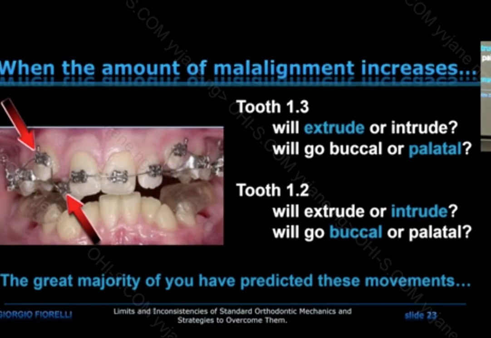Everyone is thinking the tooth 1-3 is going to extrude and go palatal, go in, while the lateral is going to intrude and go buccal. And I've done this game on the internet, and I know that everyone is giving this answer.